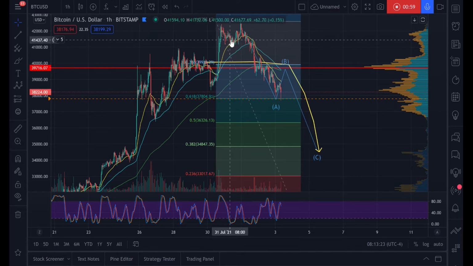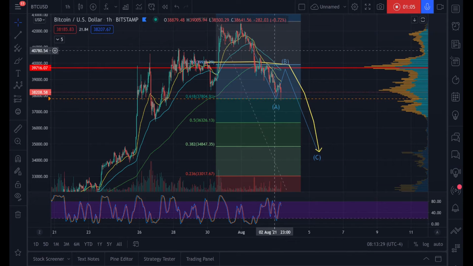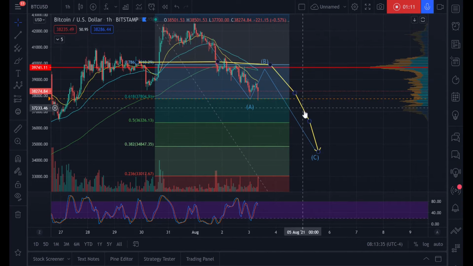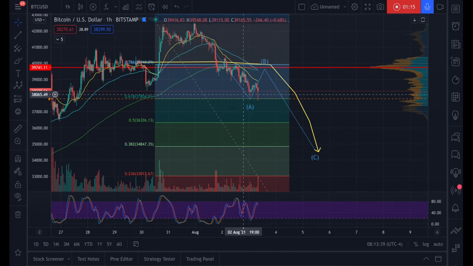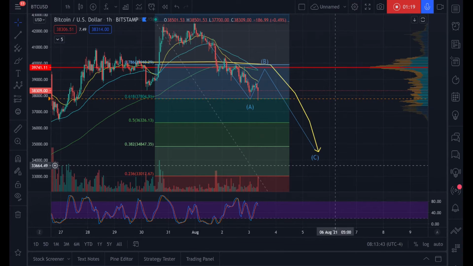But indeed, we did get distribution, meaning a markdown in price action, and the particular pattern. So I drew the yellow line showing a rough estimate as to where I thought we were going. But then I drew in this Elliott wave correction to show more precisely where I thought the price would settle and bounce off of.